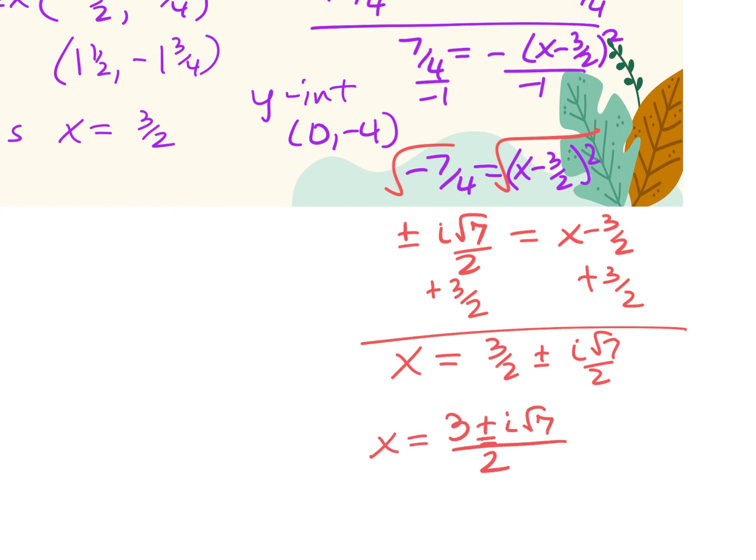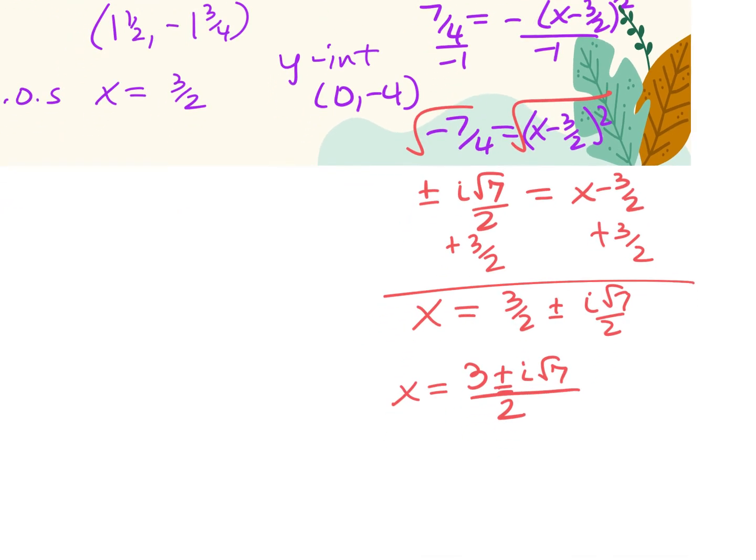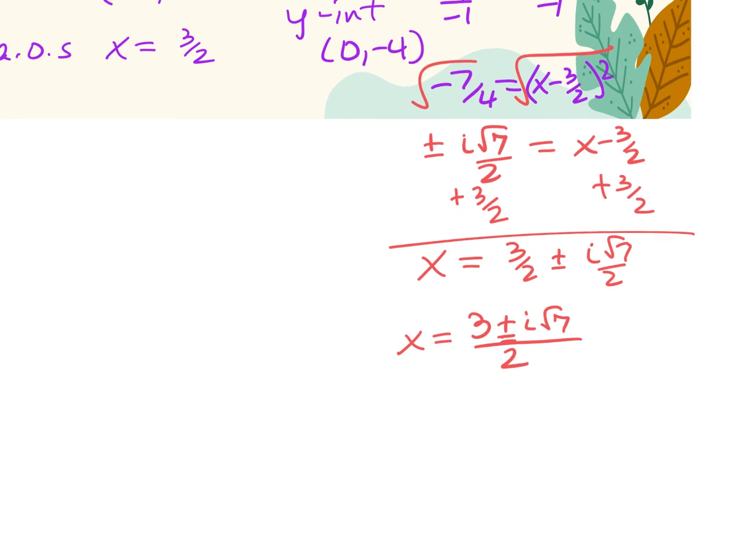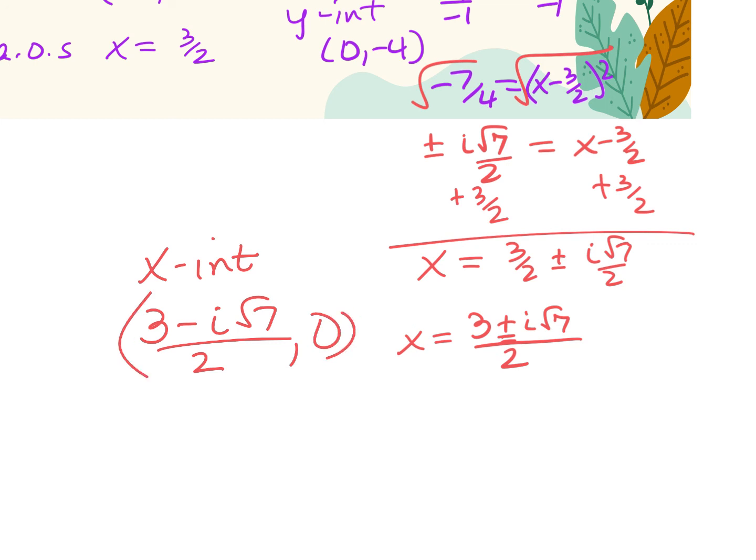Now, you will not have to graph an imaginary, but you will have to list it on the line. So my two x-intercepts would be (3 minus i radical 7 over 2, 0) and (3 plus i radical 7 over 2, 0). Those would be your two x-intercepts. So again, it's not real.